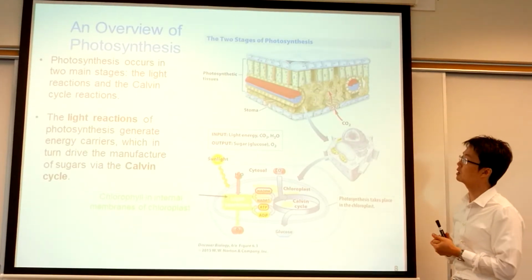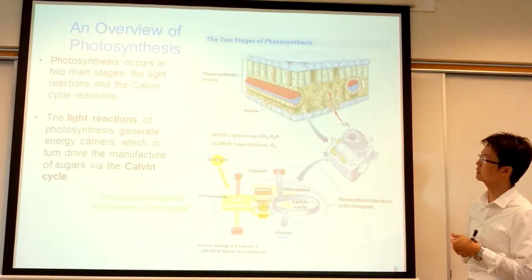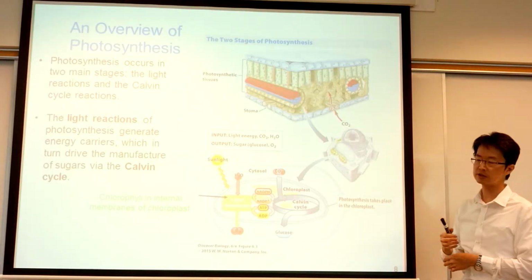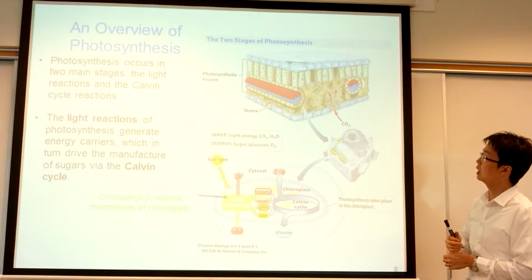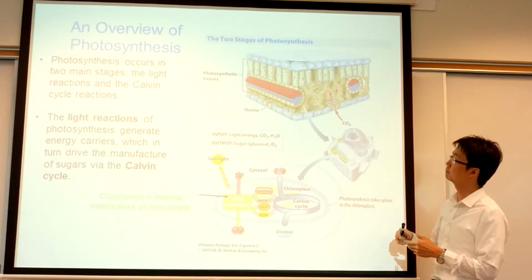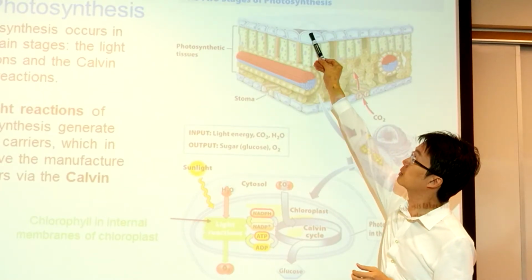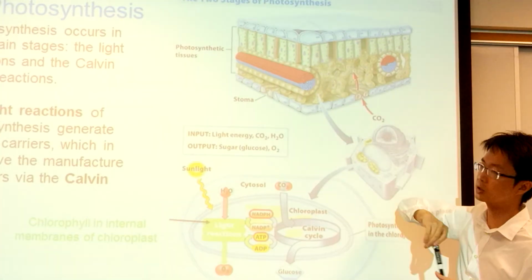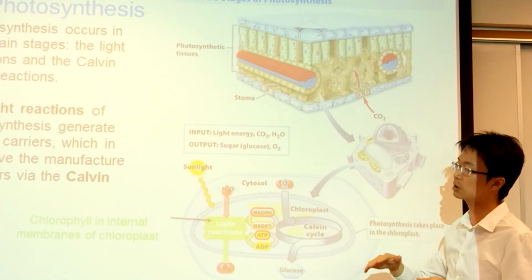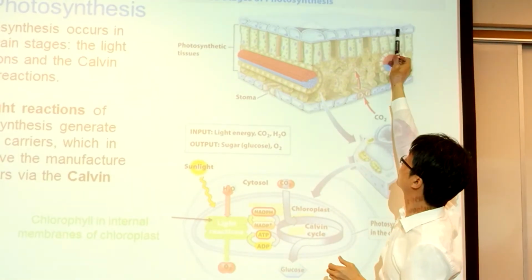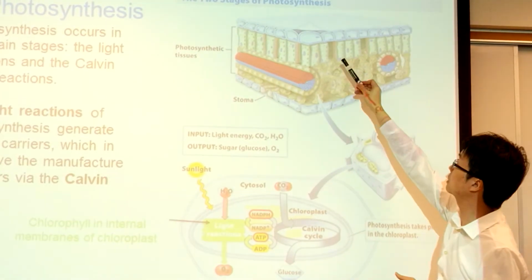And then the overview of the photosynthesis, we first need to know the basic structure of the leaves. And you can see that the top layer here, you see this transparent layer, this is the cuticle, which is the waxy substance that prevents water loss. And you have this layer, the upper epidermis.